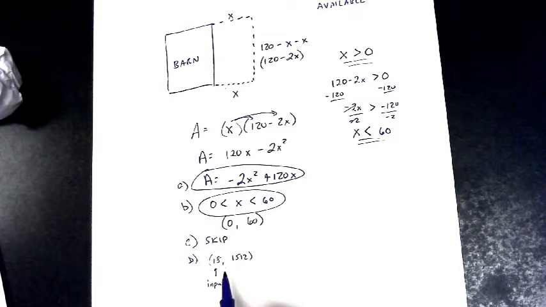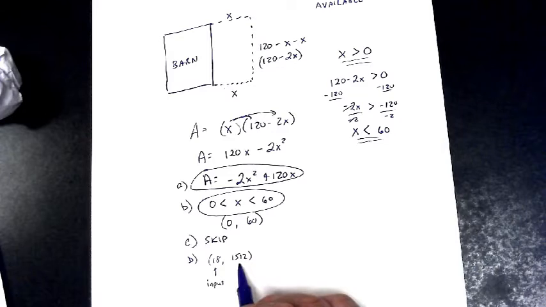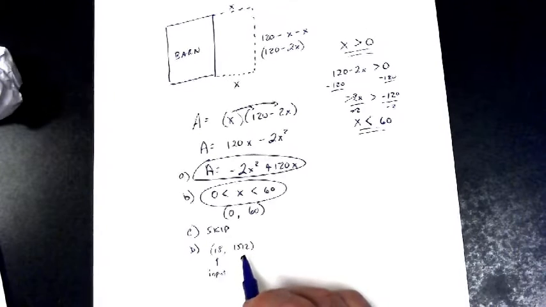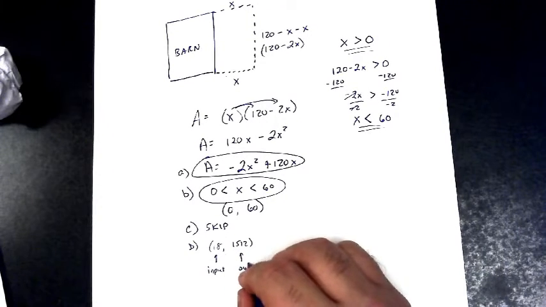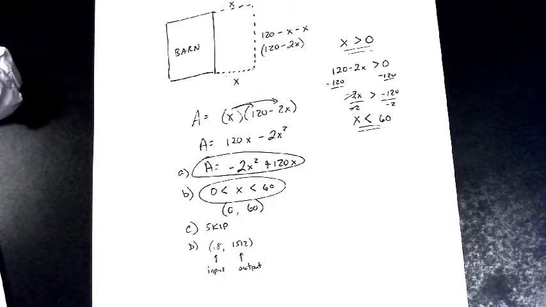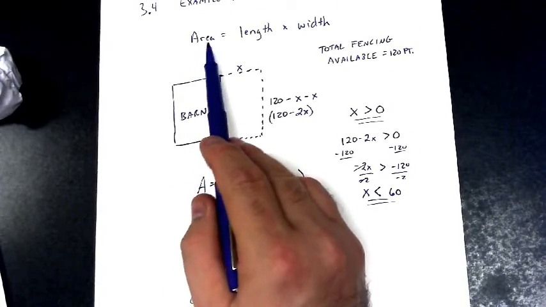But remember also that the other value that's in this set of coordinates, when you graph it, is your output. And your output in this particular context is your area.